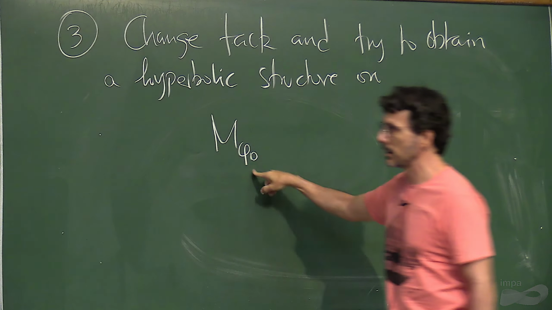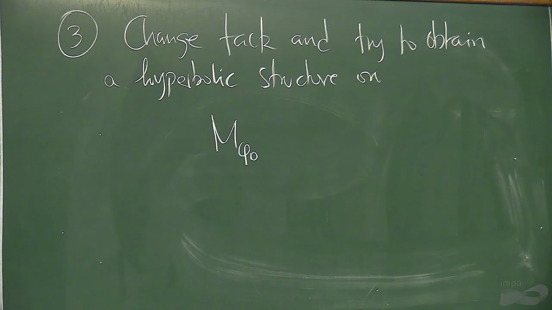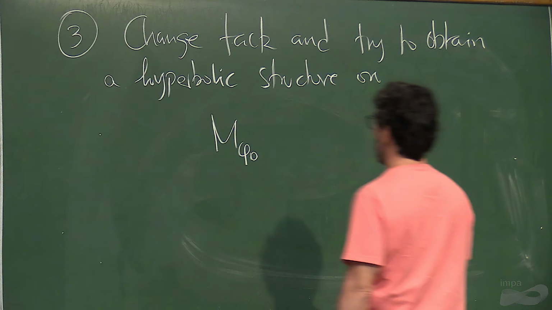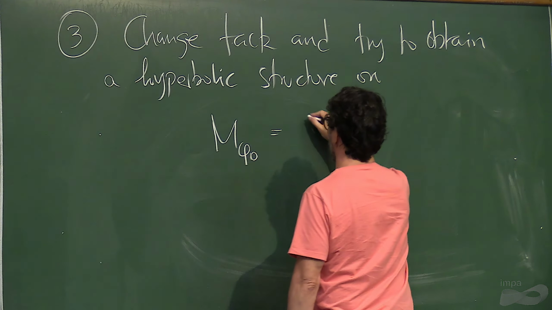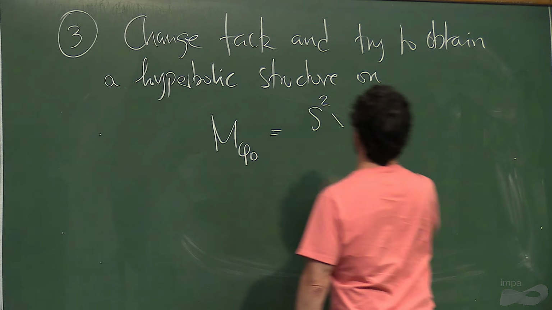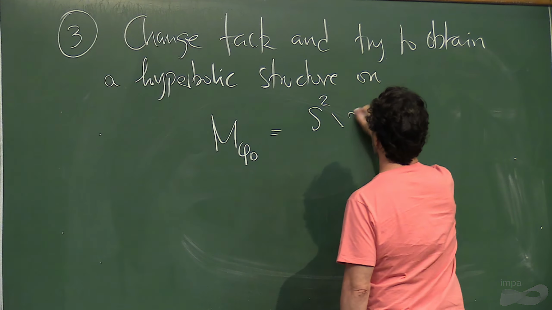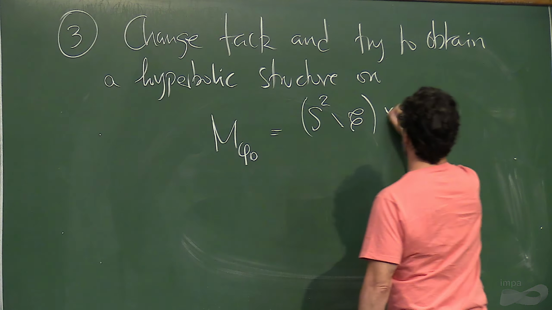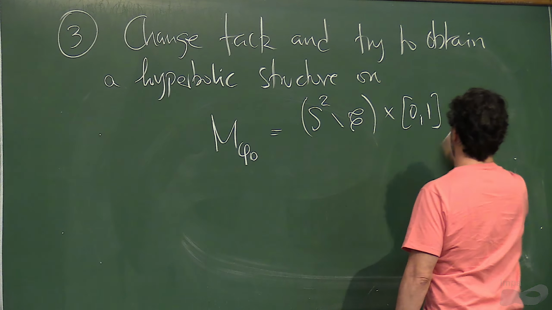Now phi naught is again the tight horseshoe, for example, or any generalized pseudo-Anosov that you like, and M phi naught is the mapping torus (S2 minus C) cross [0,1] modulo phi naught.